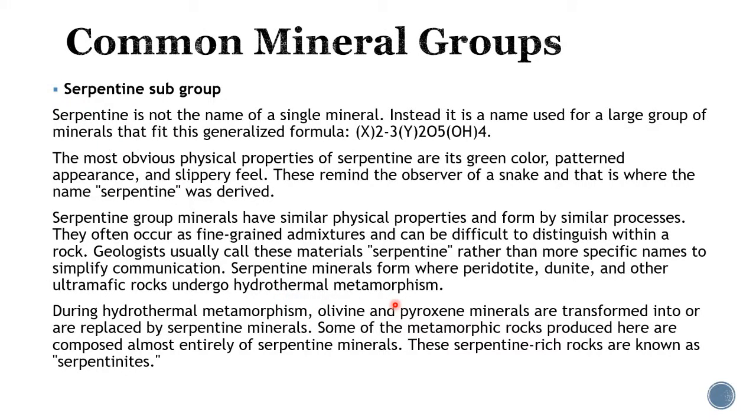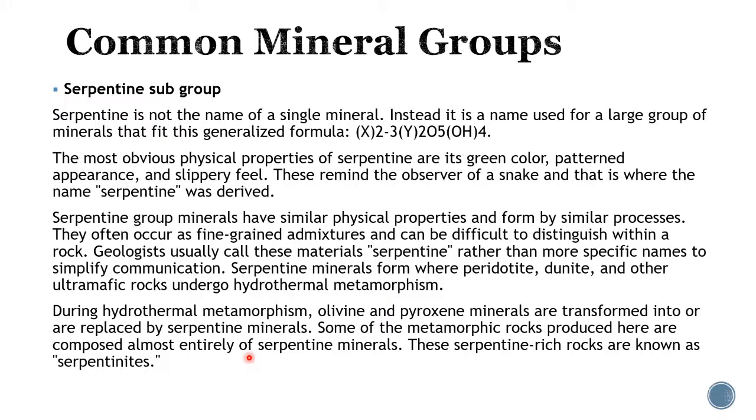Hydrothermal metamorphism, you must be familiar with the term. Metamorphism is a process in which the rocks undergo enormous heat and pressure, due to which certain changes appear in the texture and in the structure of the rock.